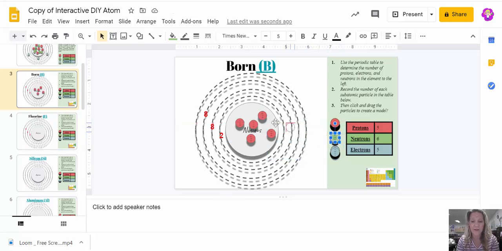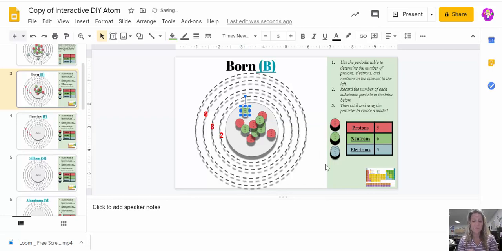So they're going to repel. Now let's go ahead and also fill up the nucleus with the 6 neutrons that we have. 1, 2, 3, stubborn one, 4, 5, and 6. That's 6.